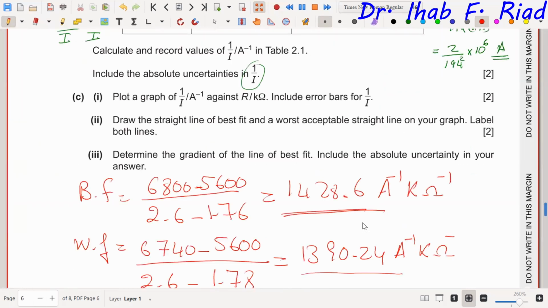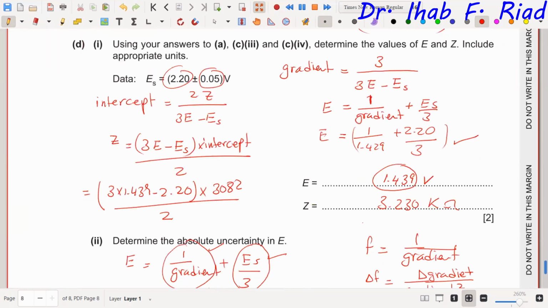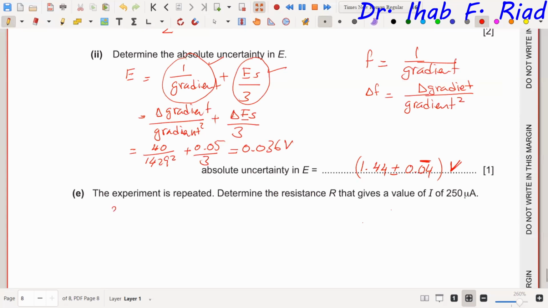So we have E minus ES is equal to I times 3R plus 2Z. Right? And we need R. We are given I.